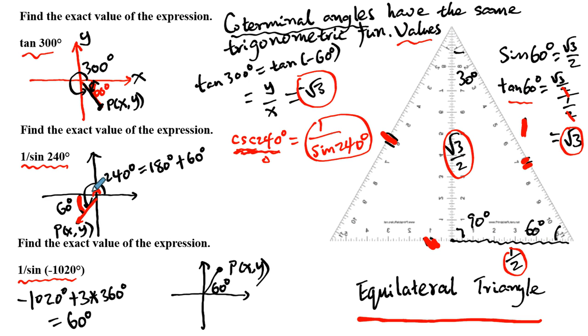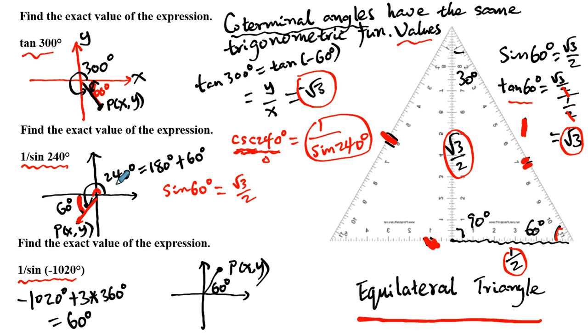We want to find sine 60 degrees first. Sine is opposite side over hypotenuse, so sine 60 degrees is radical 3 over 2 for sure.